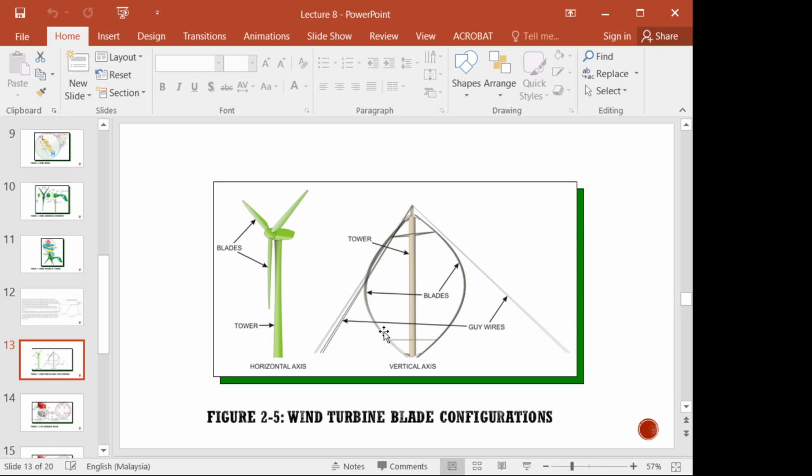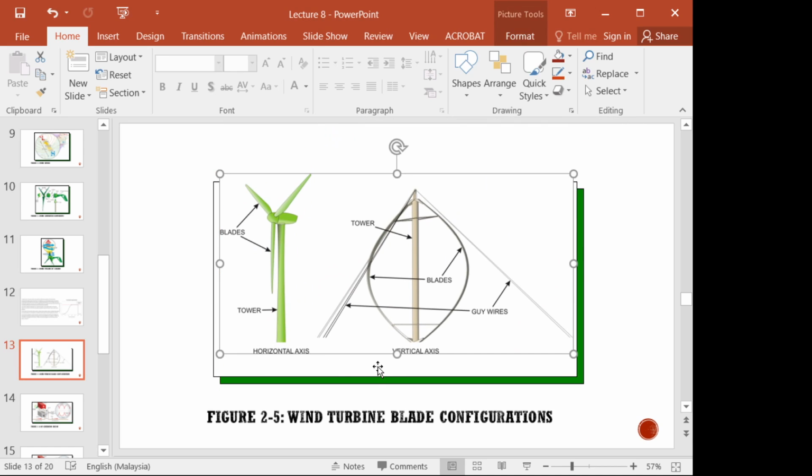Alright, so these are examples of wind turbine blade configuration. We have the horizontal axis, as you can see in green, which is more suitable for countries which have a high temperature difference, meaning to say that they have high wind speed.